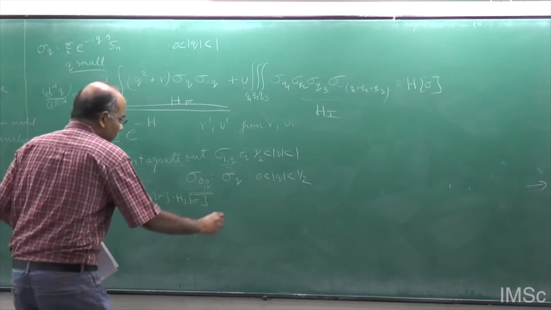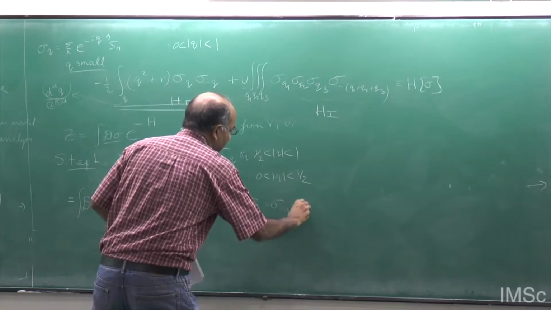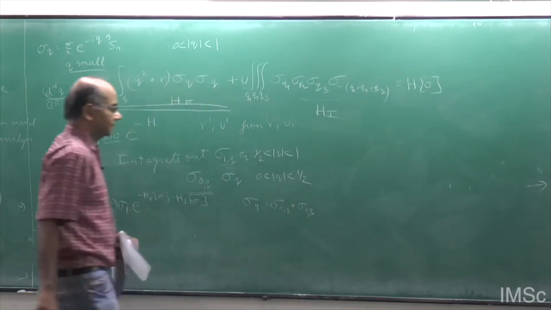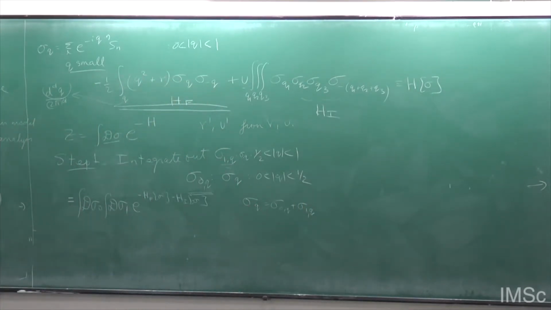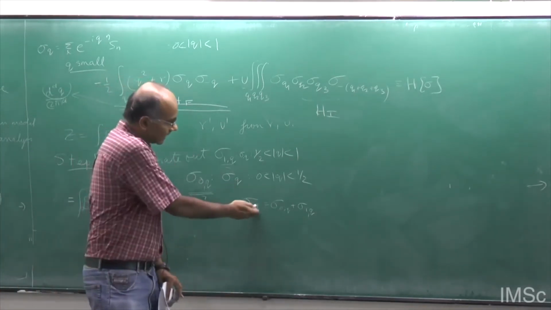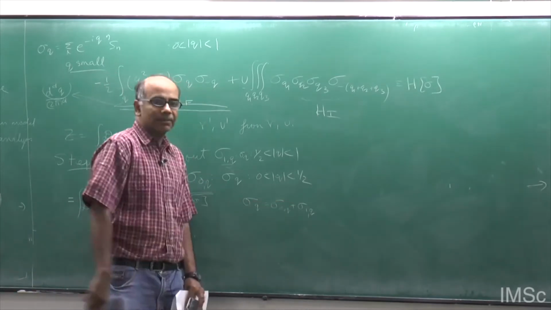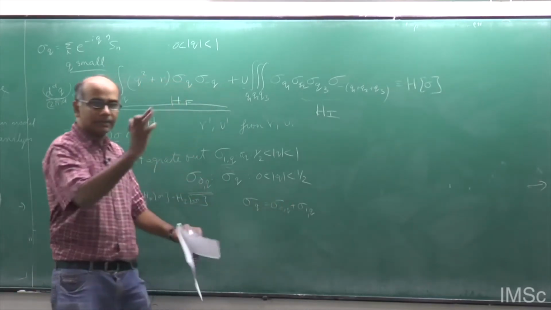So we'll write sigma q is sigma 0 q plus sigma 1 q. Here it's very clear what this means, because when q is less than half, it's just that, and when q is greater than half, it's just that, because these variables are defined only for that range of q.